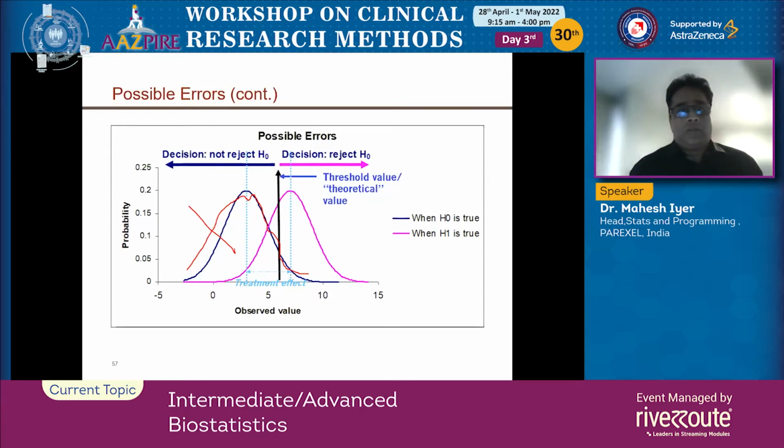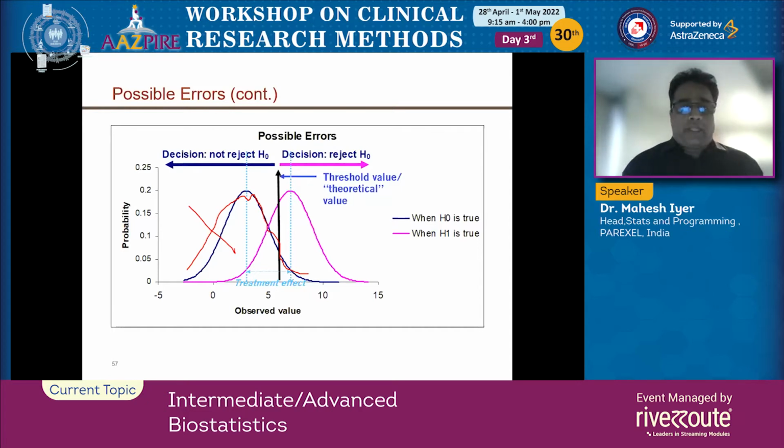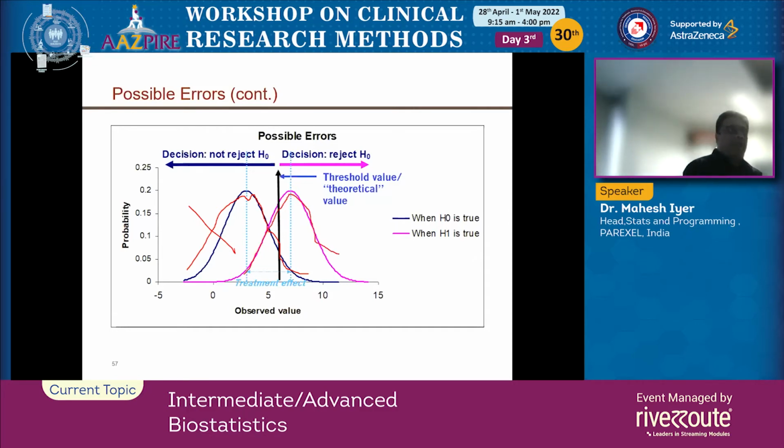So you're essentially saying that there is no treatment effect. This purple thing that you see here is your distribution under the alternative, which means that there is a difference between drug A and drug B. And these are your observed values down below.